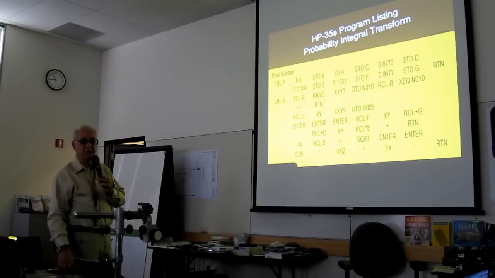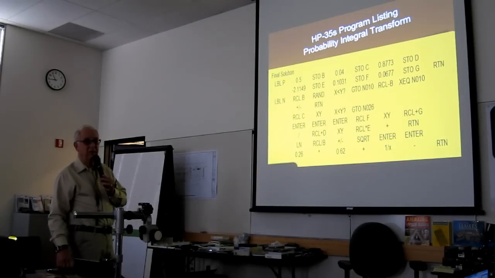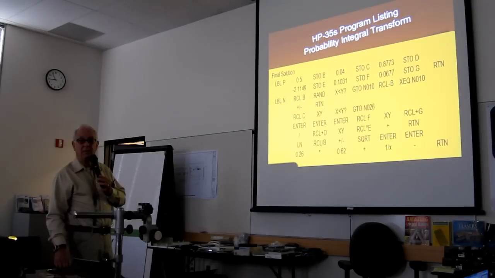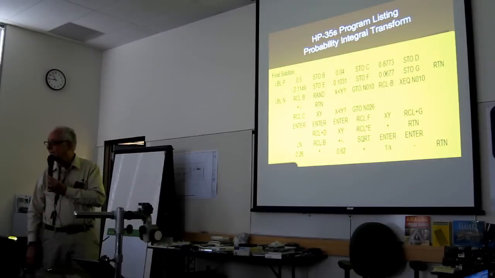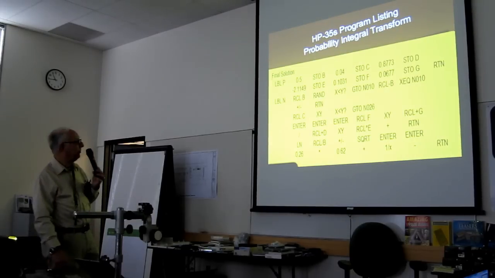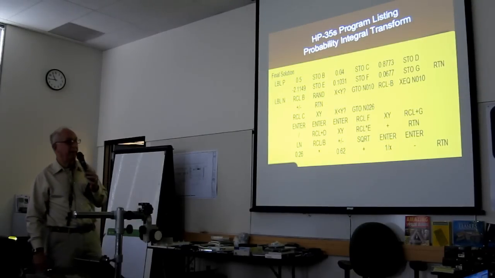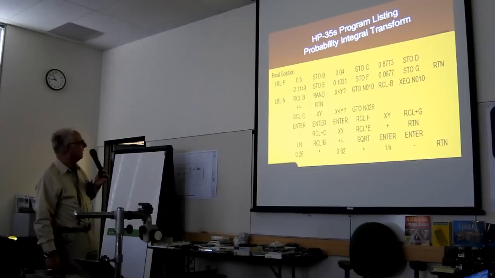Commonly used constants: plus or minus 1, plus or minus 0.5, plus or minus 2, 1 over the square root of 2 pi, that's a pretty common one. Those should be in the constant library so that you can recall them quickly. If you put them into your program as inline code, it's slow.